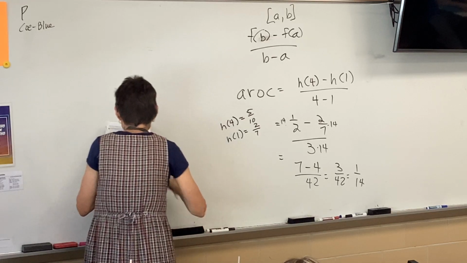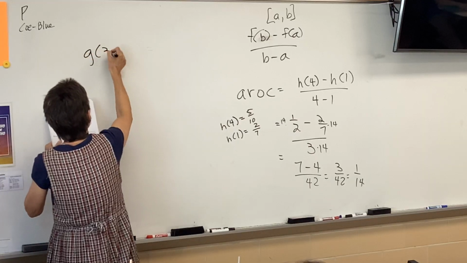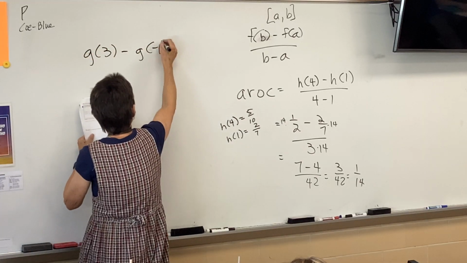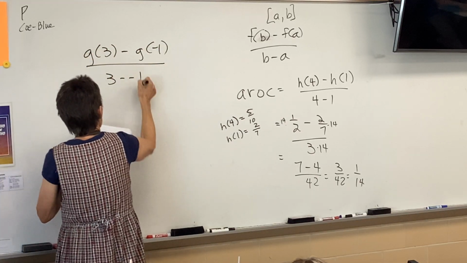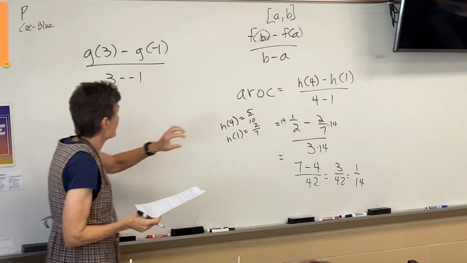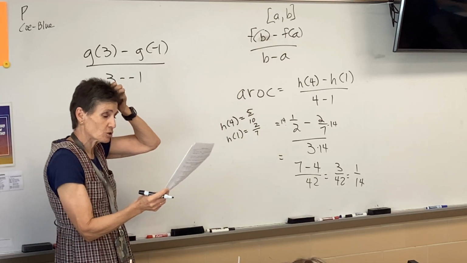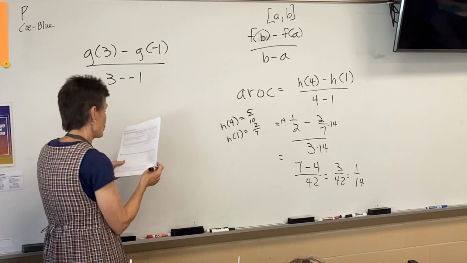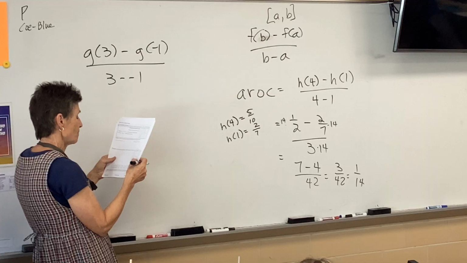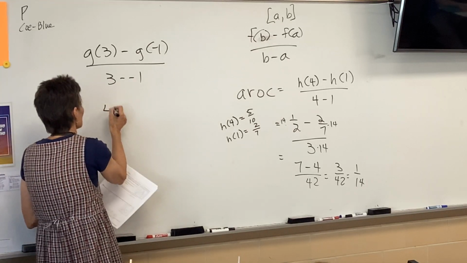Example 2. Same thing, only now you're doing it from a picture. So your average rate of change is going to be g of 3 minus g of -1 over 3 minus -1. And now you don't have a rule, a formula or equation, all you have is a picture. So what is g of 3? Look at your picture. g of 3 is 4.